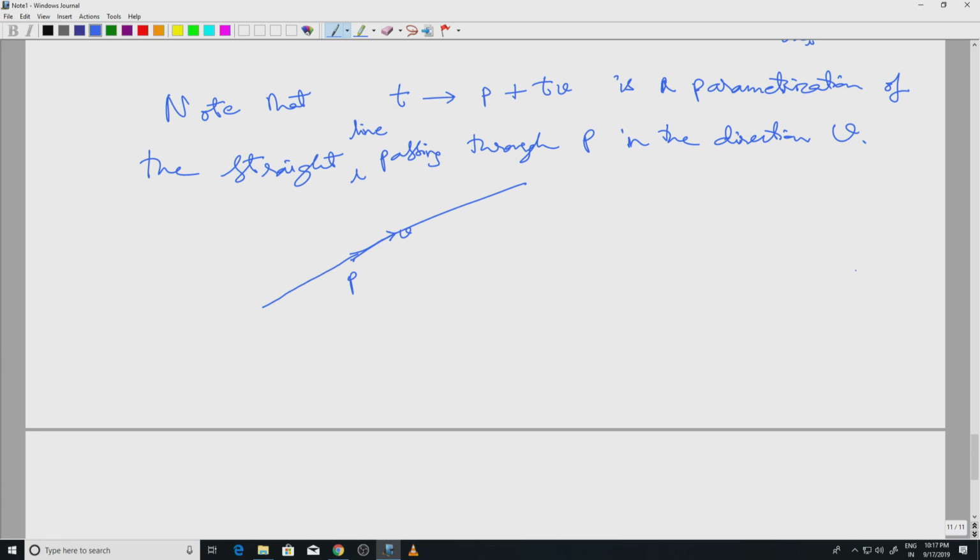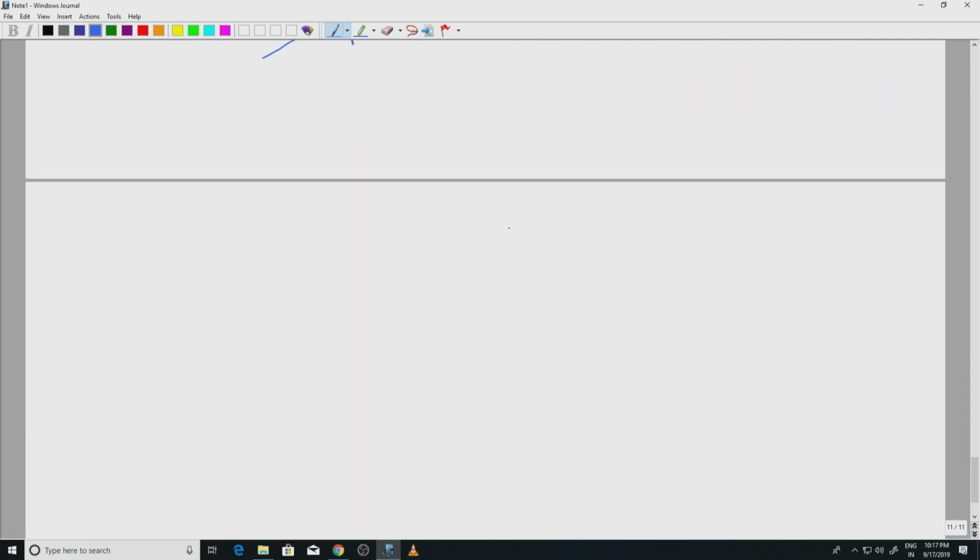So if I regard it as a curve, with t as a time parameter, when t is 0 I start at p, and if I differentiate this curve, I get v. So the initial starting point is p and the initial velocity is v. Actually in this straight line case, the velocity is v at any t. But let us just focus on two things.